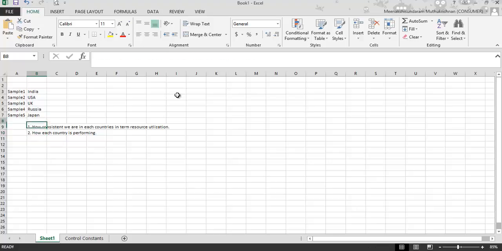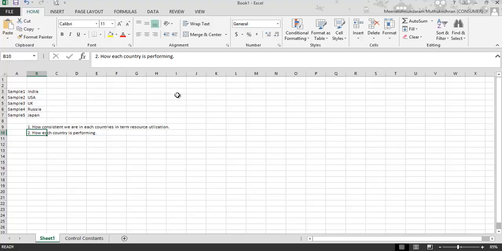The first question only talks about one country: how utilization is happening in Japan. The second question asks how Japan is comparatively working against Russia, UK, USA, and India. So he wants the comparison in terms of utilization as well.